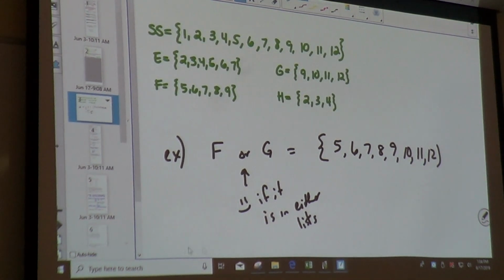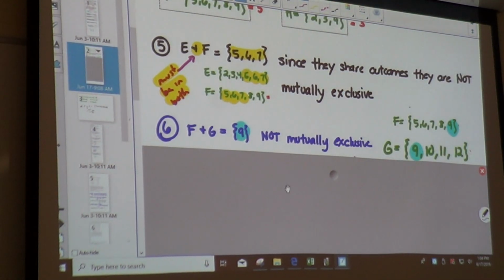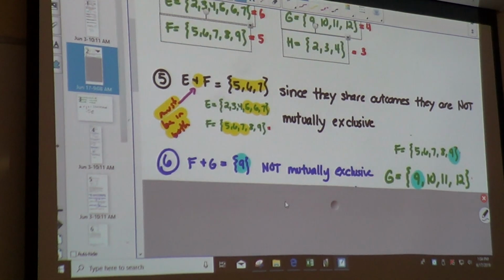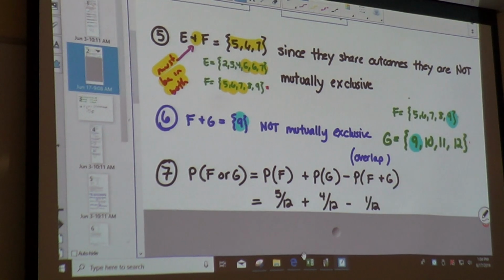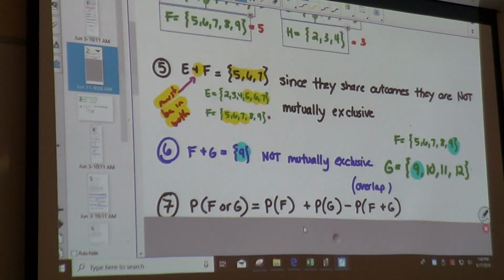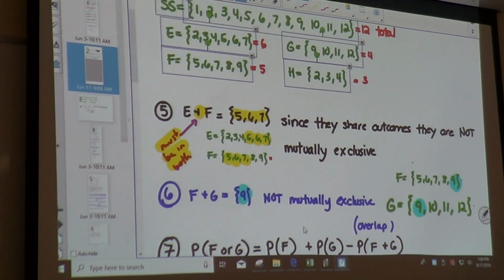All right. Let's go back. My next one is, really? That was my next one. I am that good. Okay, this one is the probability though. It didn't say list it. It just says give me the probability. So, what is the probability of F? 5 out of, how many total are there? 5 out of 12. What's the probability of G? 4 out of 12.